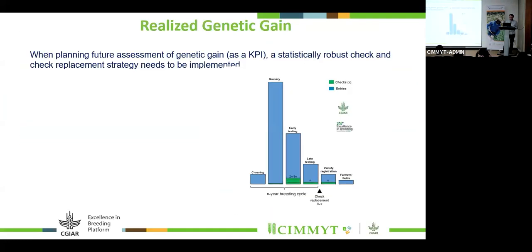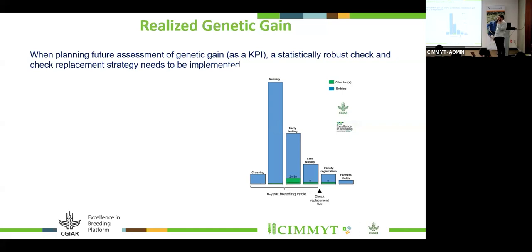Because for genetic gain, we want to estimate the effect of the year and the interaction between years, location and genotypes, and also for spatial analysis, what we need are checks that respond to the environment, that are able to capture the environmental variability. Stable, but in the sense of the Finlay-Wilkinson process, with the slope of 1.